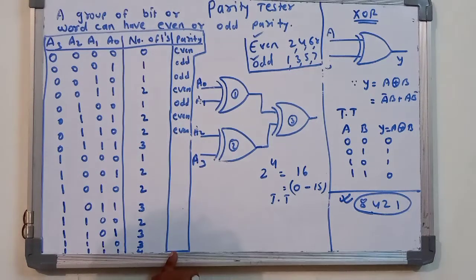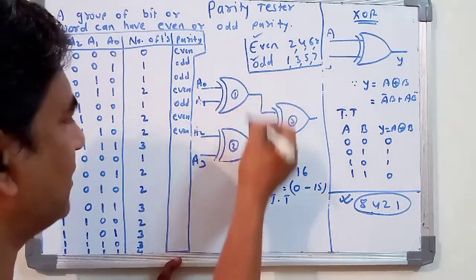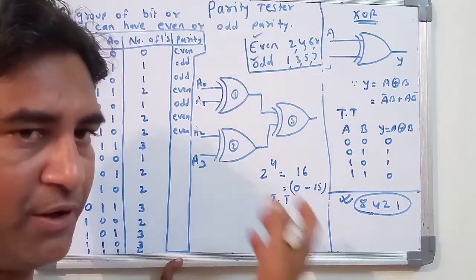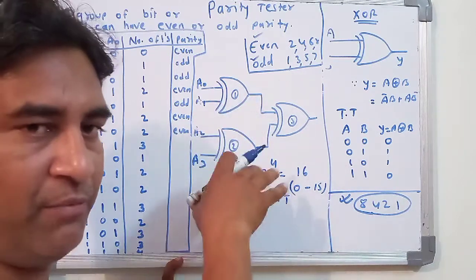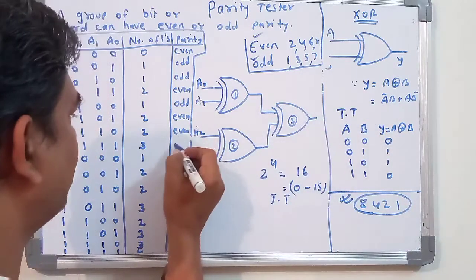So when you are obtaining that particular odd and even number, you may say that this circuit is being used for testing the odd number and the even number, since this circuit will be called a parity tester. So it is odd.